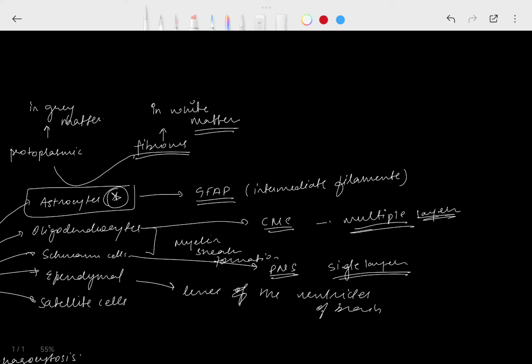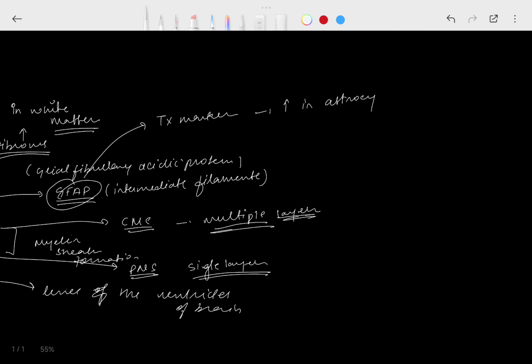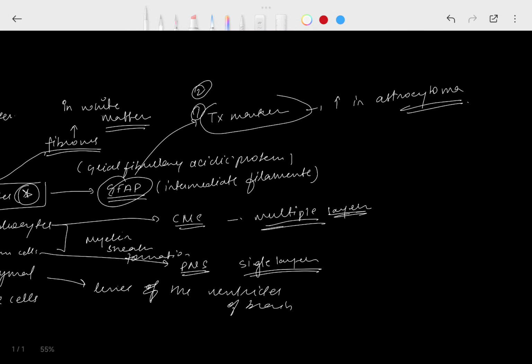Glial fibrillary acidic protein. It is a tumor marker which is increased in astrocytomas, and astrocytoma is visualized using anti-GFAP antibodies.